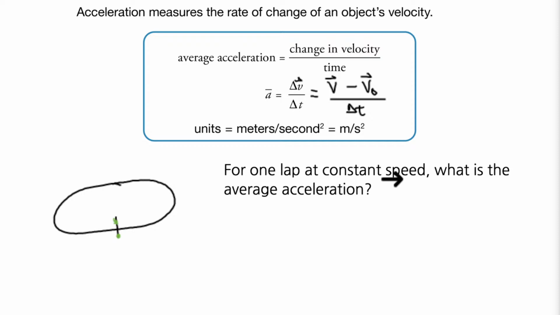So for the runner, it's basically pointing where we're looking, or in general, the velocity is tangent to the path. So starting out, tangent to the path would point like this. But as time goes by and the runner's at a different position, tangent to the path could mean up like this, could mean to the left like this. But certainly when the runner comes back to the same position, tangent to the path would have to mean the same direction.